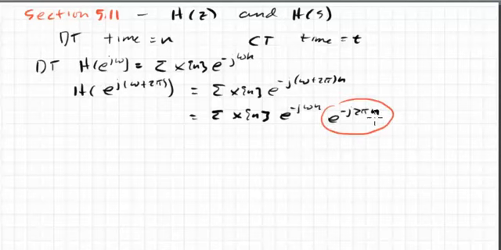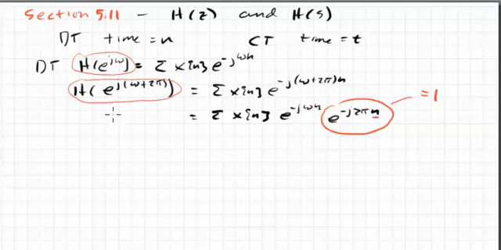As long as n is an integer, which it is for discrete time, this term equals 1. So what we've just shown is that this and this are the same. In fact, any integer multiple of 2π would give this equality. Basically, this says the frequency response is periodic, and it repeats every 2π radians.